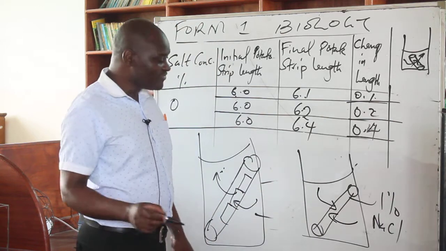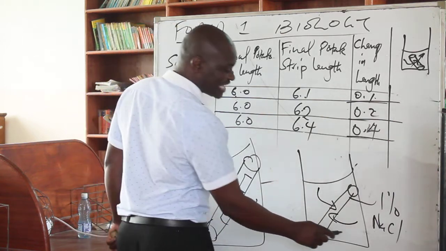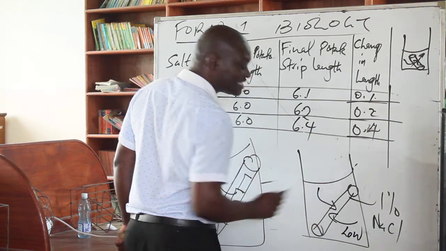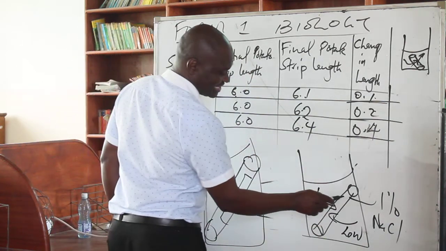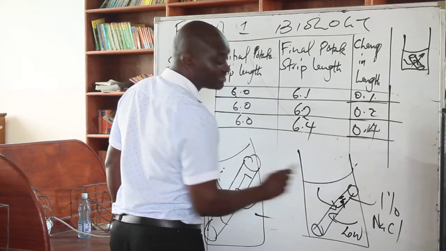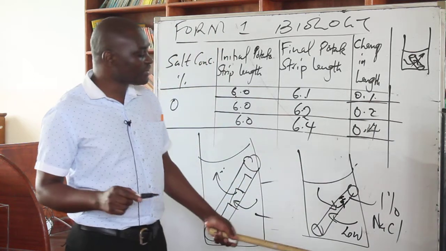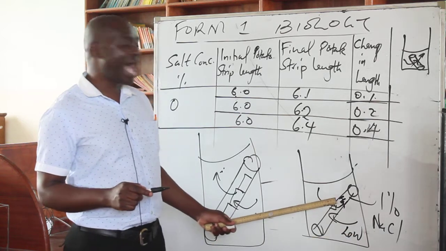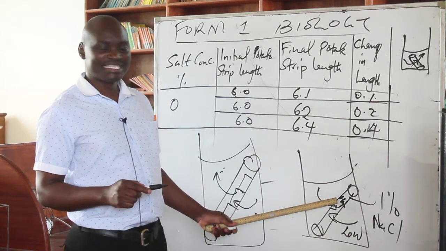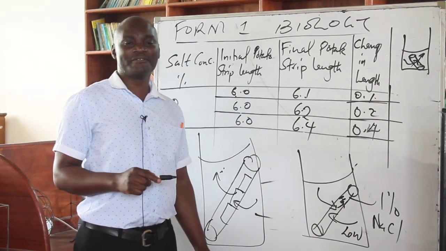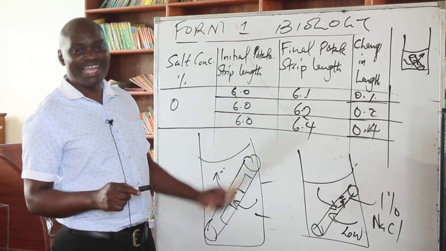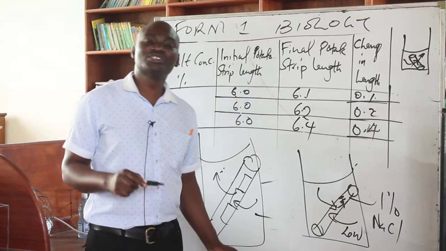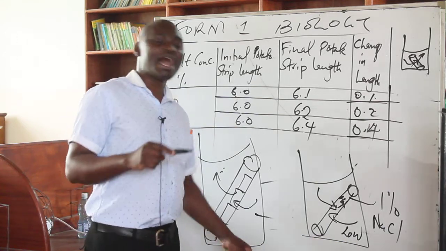For water to move, it means the 1% is the region of low concentration, and the potato cells are highly concentrated, meaning water moves from a region of low to a region of high concentration through osmosis, passing through the cell membrane. So where there is an increase in length, the solution is of low concentration.